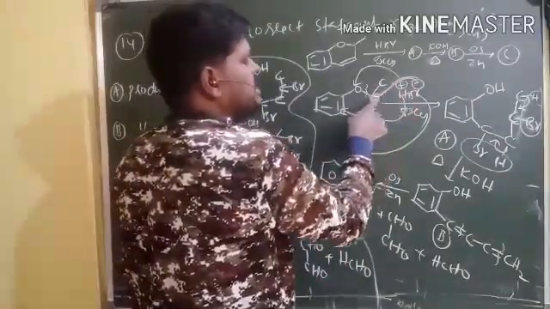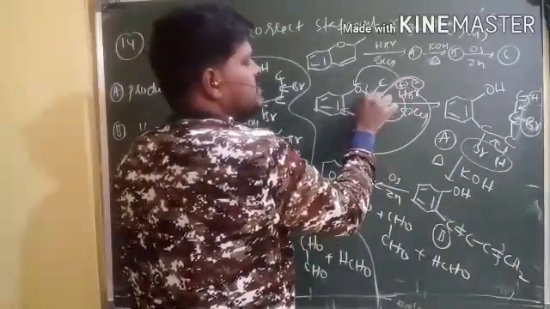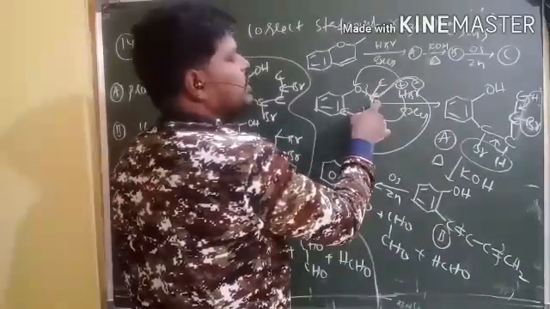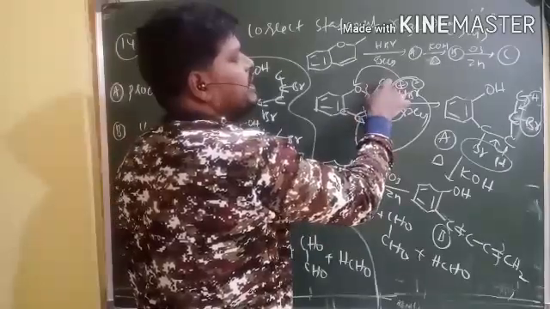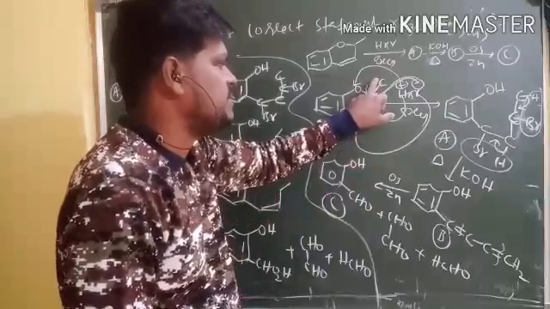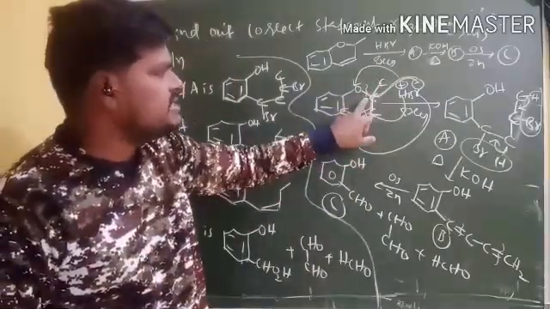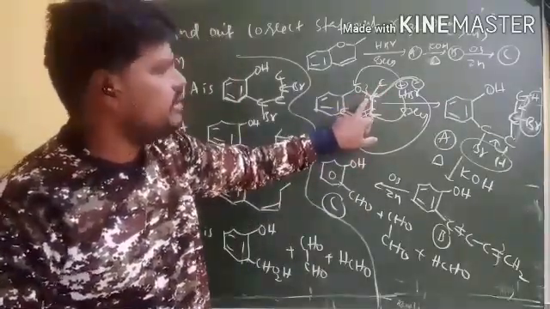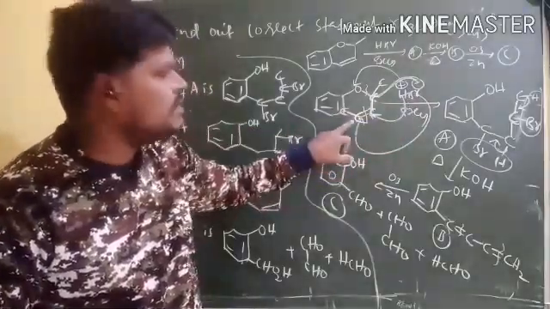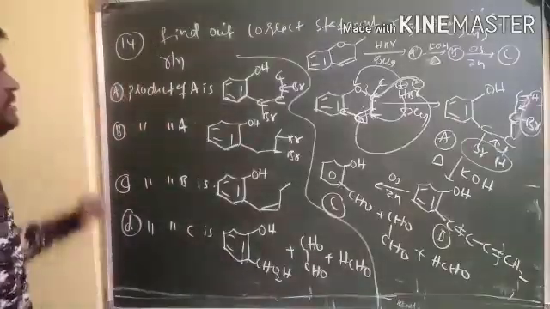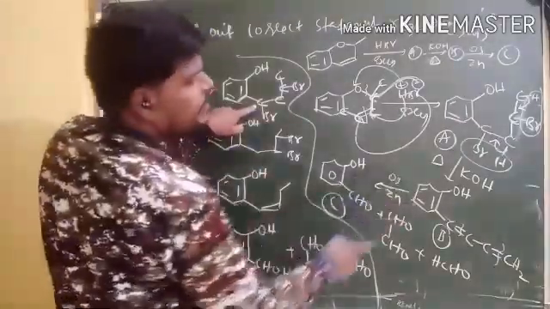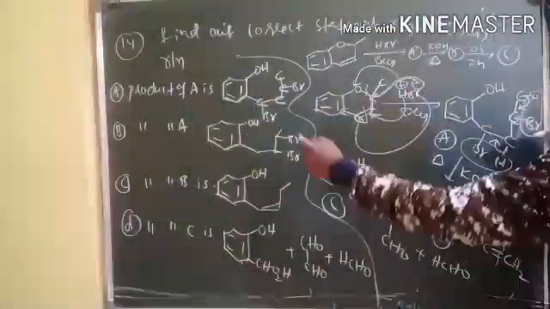And here why does Br minus attack this carbon only? Because this carbon is surrounded by carbon and again carbon, right? So this is a secondary carbocation and that is a primary carbocation. Secondary carbocation is more stable than primary carbocation. That's why here Br minus is going to attack this carbon only, right?